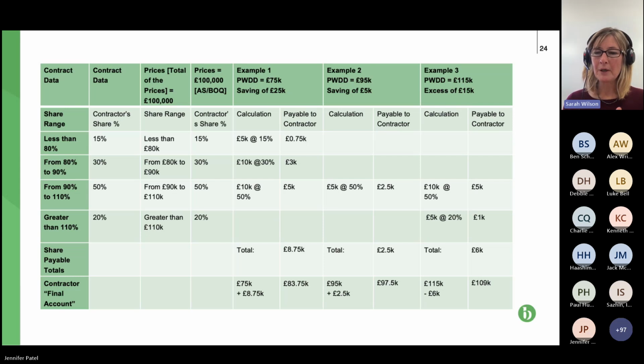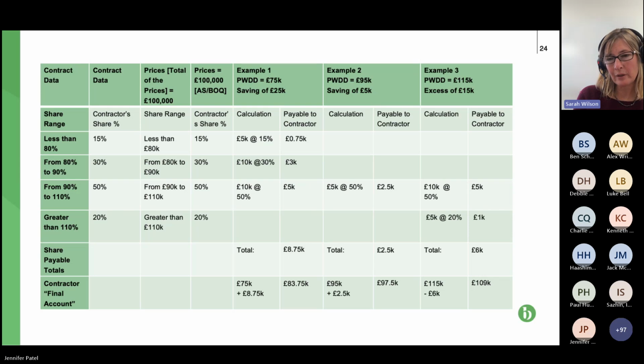So if you remember the contract data, and I said we've got the left and right hand side, first and second column here is basically representing the left and right hand side from the contract data. I said, if you remember in my example, this was sliced in greater detail.